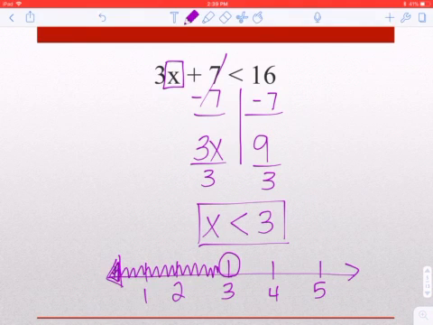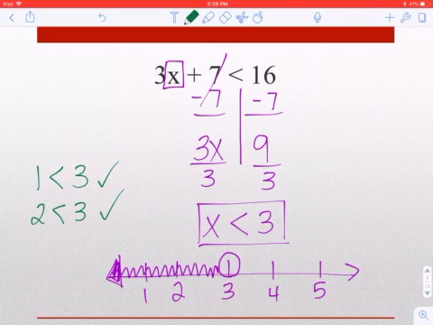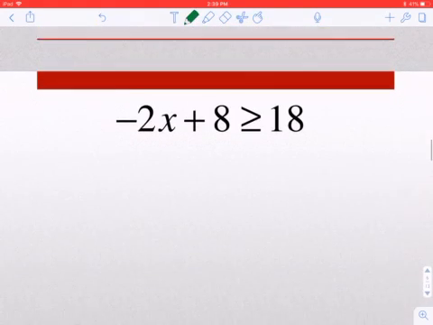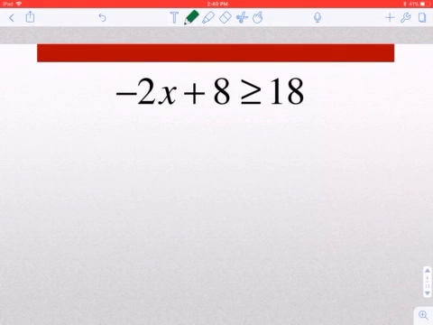I could plug in any of these numbers for x, and it would give me a true statement. For example, if I plug in 1, 1 is less than 3. This is true. 2 is less than 3. This is true. -10 is less than 3. Anything to the left of 3 can be plugged in for x.